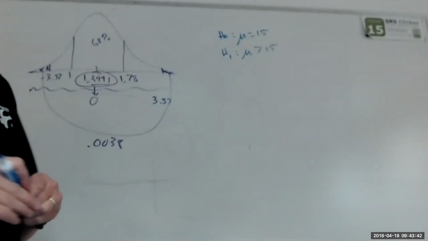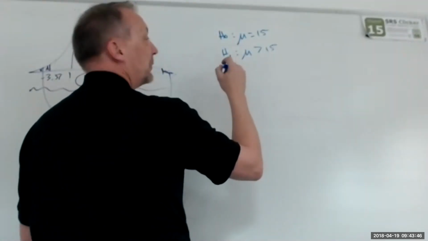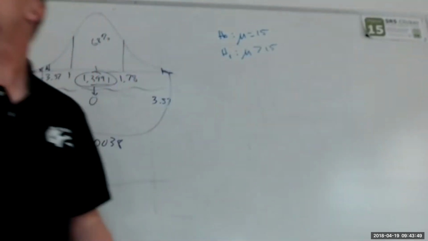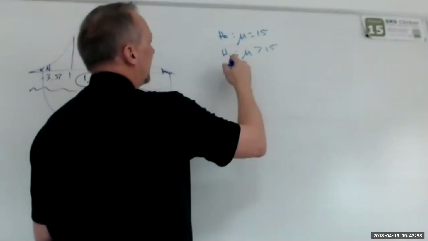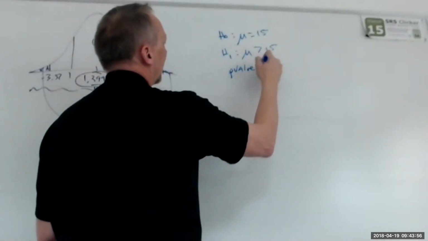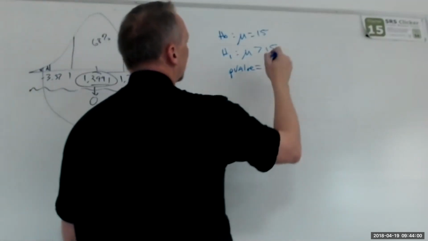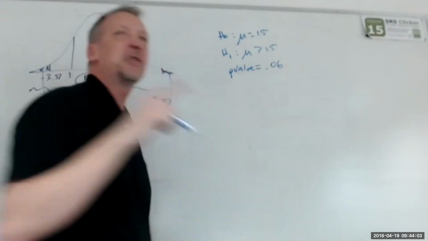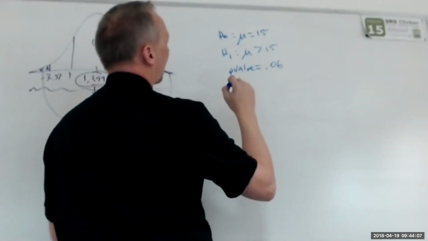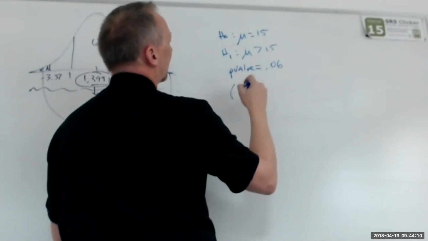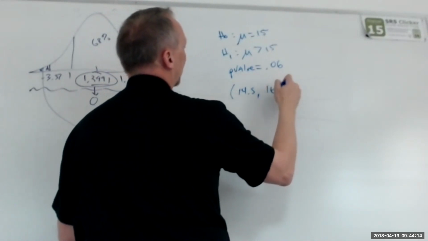I'm going to try to make this tricky. Okay, so I want you to really be on your toes for this one. So I get a p-value equal to, let's say, 0.06. We'll assume our alpha is 0.05. I get a confidence interval of 14.5 to 16.5.